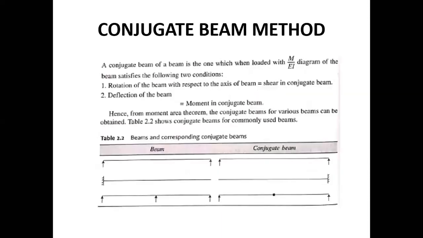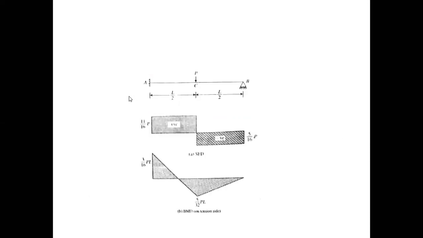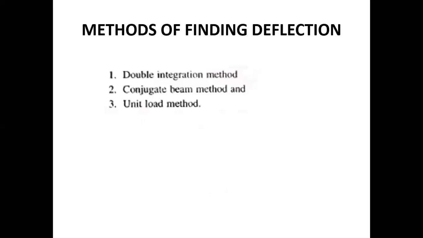In this lecture we have quickly discussed the basics of three methods of finding the deflection in case of indeterminate beams. First was the double integration method, second was the conjugate beam method, and the third was the unit load method. Double integration method is also known as Macaulay's method because the equation is the same.